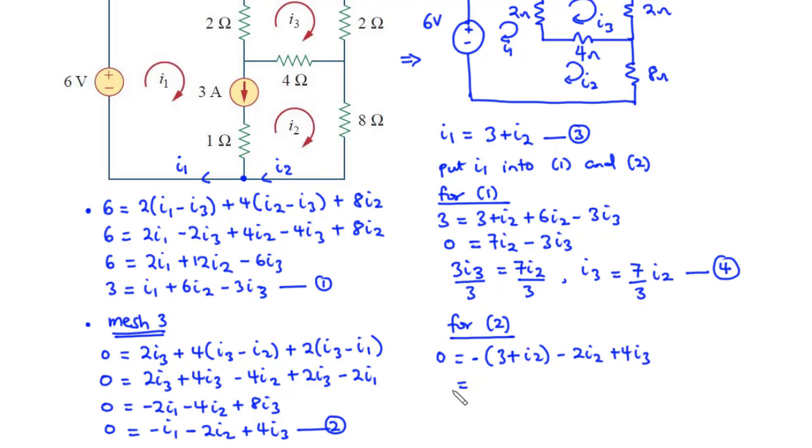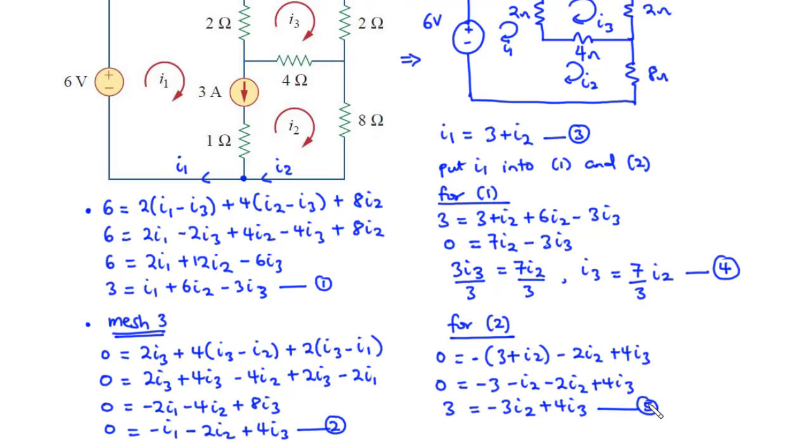So we have negative 3 minus I2 minus 2I2 plus 4I3. We transpose negative 3 to the left hand side. We have 3 equals, this becomes negative 3I2 plus 4I3. Now let's call this equation 5.